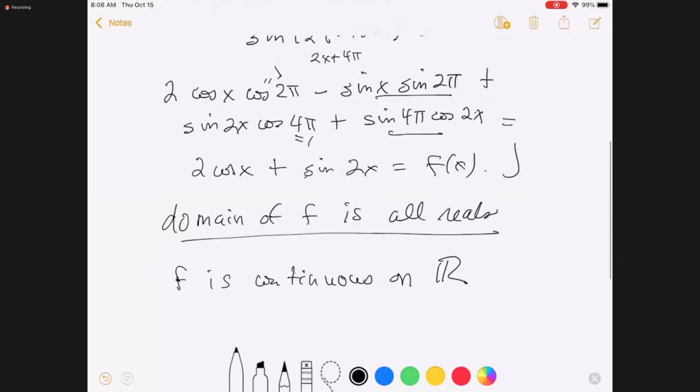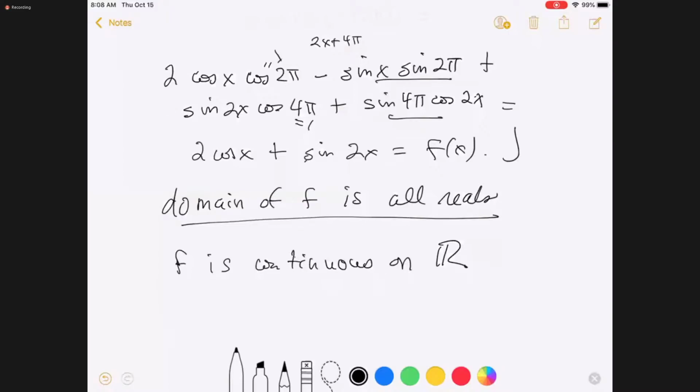That means, for one thing, there are no vertical asymptotes. A function that's continuous on the entire real line has no vertical asymptotes. Then we do not have to worry about that.